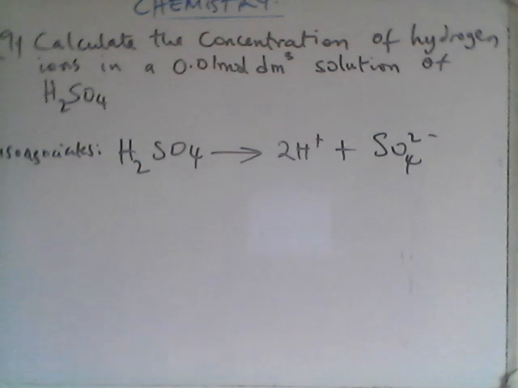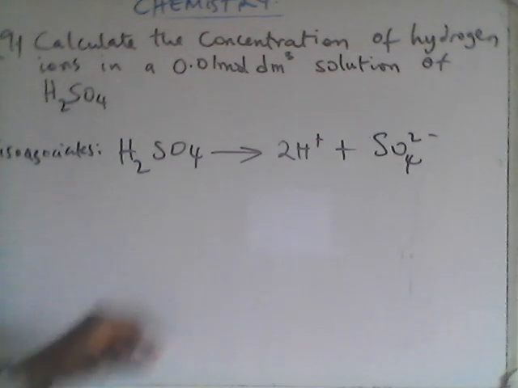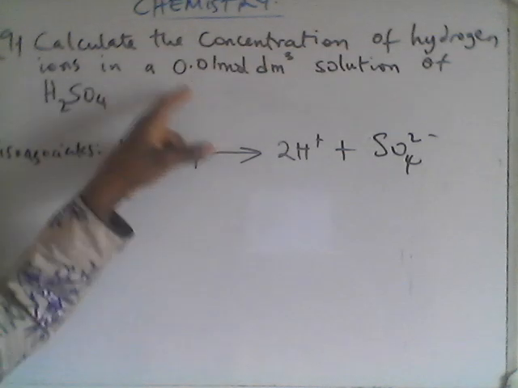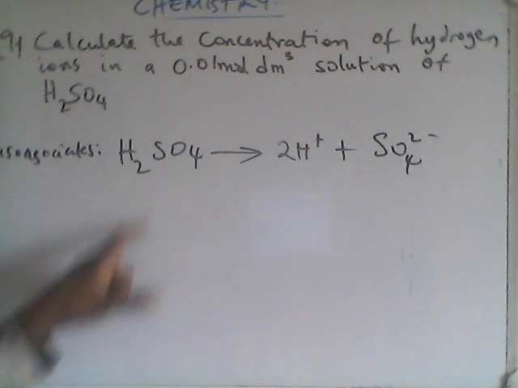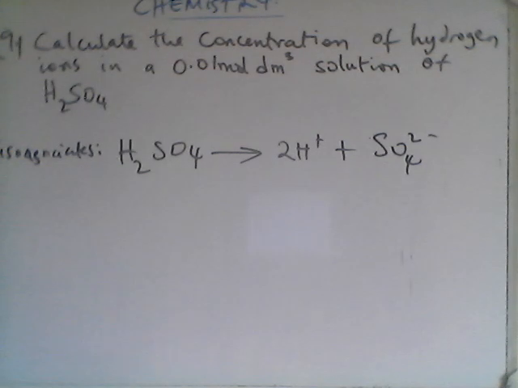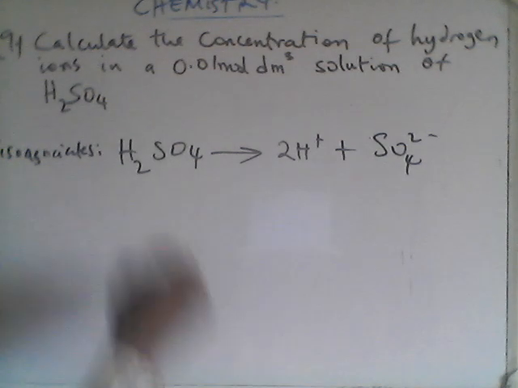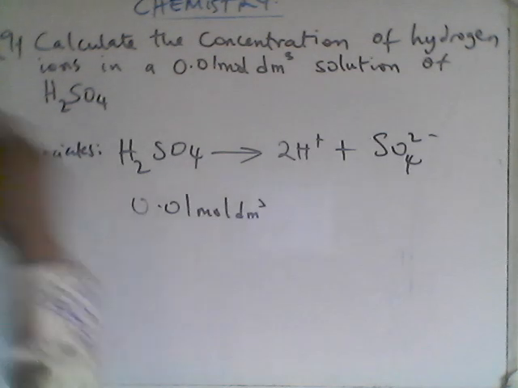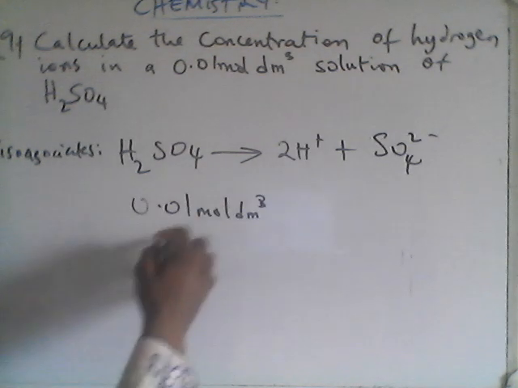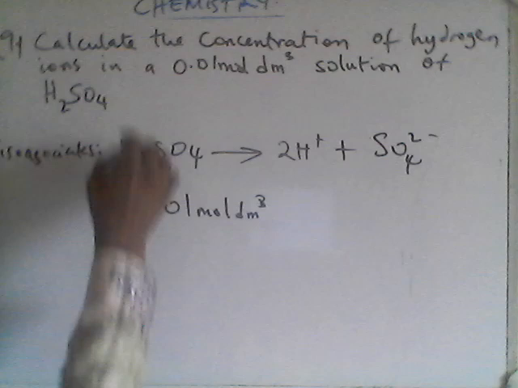Okay, so now the concentration of H2SO4 is 0.01 mole per dm cube. So I have 0.01 mole per dm cube here. You understand? And there's 1 mole here.